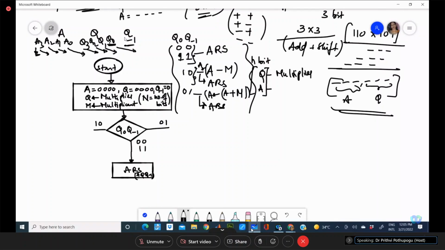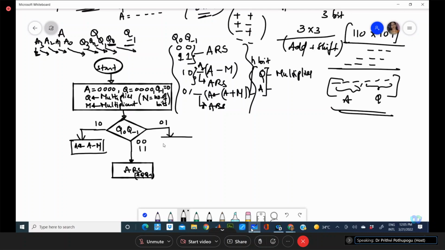Then if it is 1 0, A should be stored with A subtracted with the multiplicand.